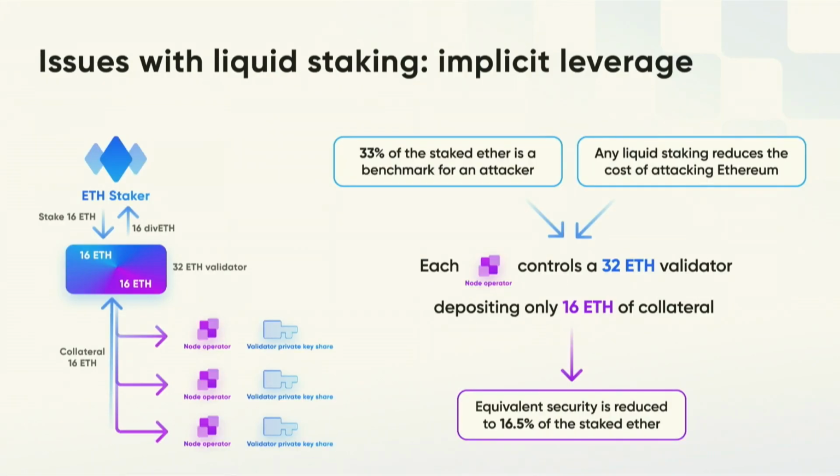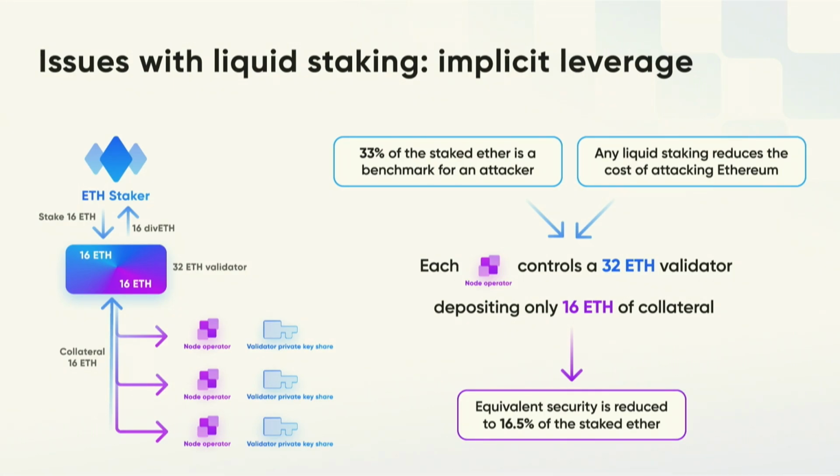So the main drawback of liquid staking is that it has an implicit leverage. So you're giving the power to an operator of controlling 32 ETH by only depositing, let's say, 16 ETH of collateral.